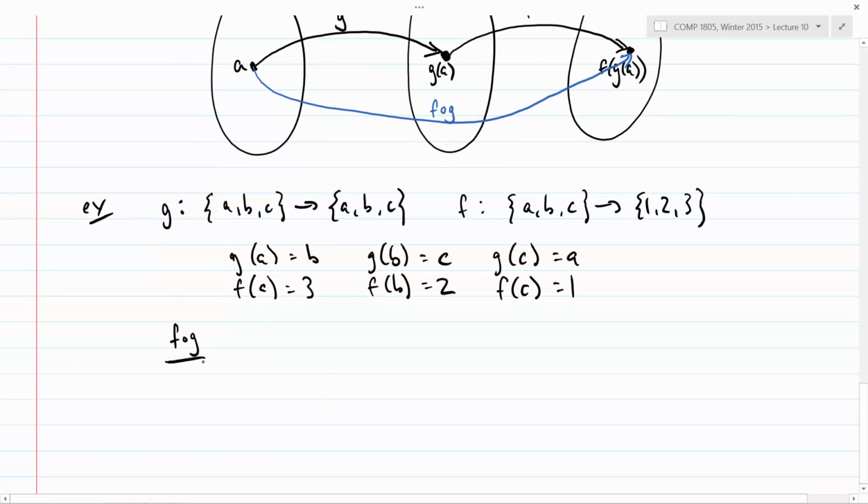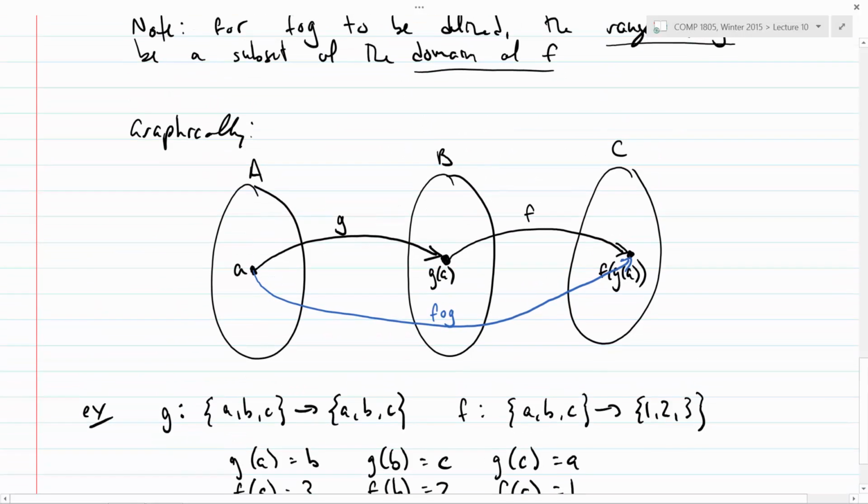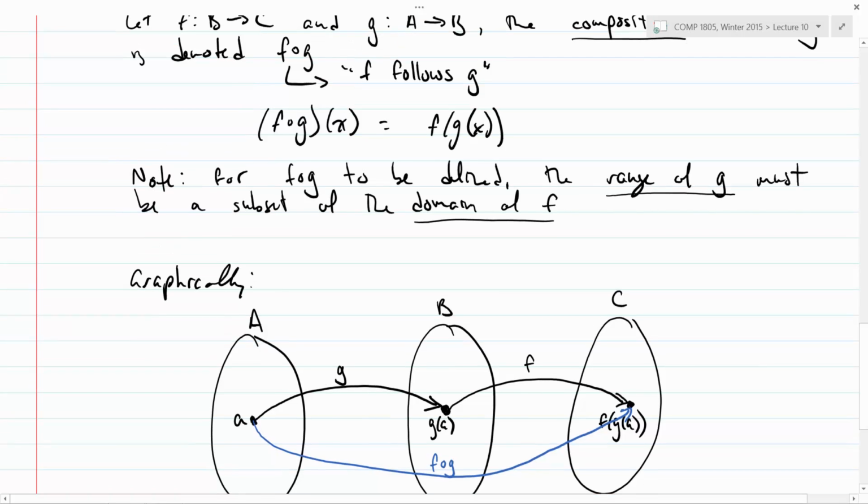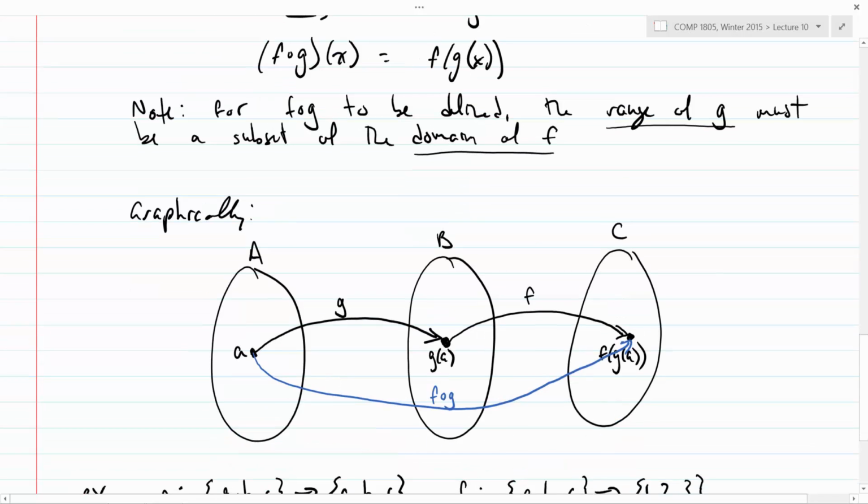So before I can do that, I need to ask myself, does that question even make sense? Does it make sense to ask what f follows g is? And I go up here and I say, okay, for f follows g to be defined, the range of g must be a subset of the domain of f.